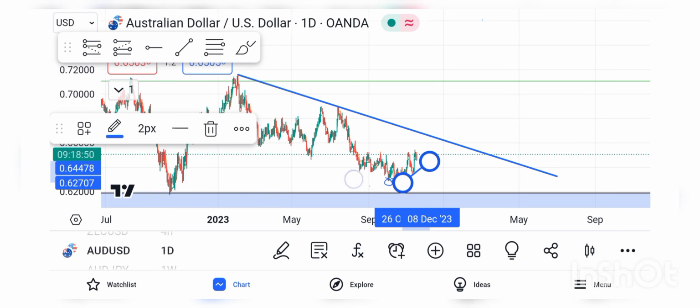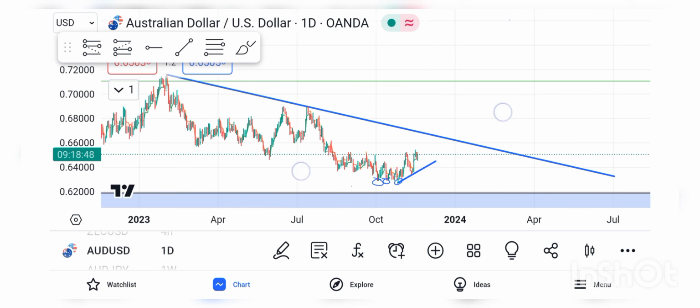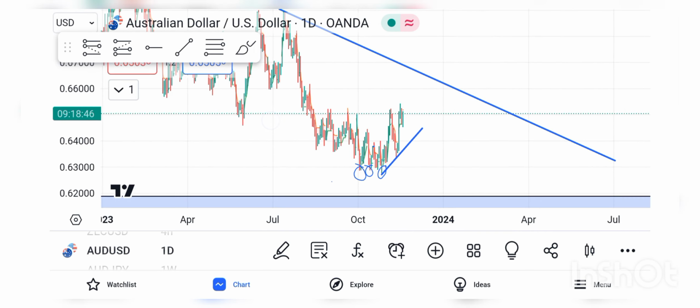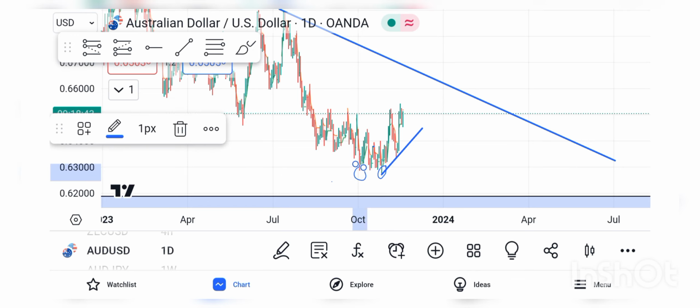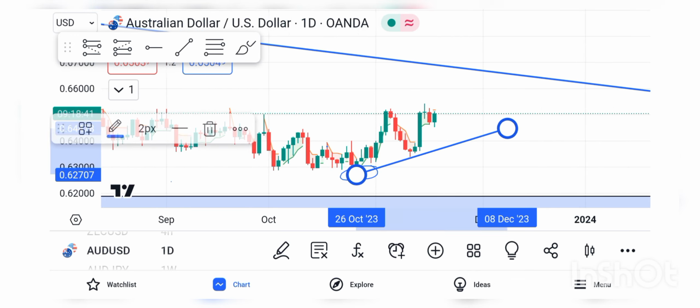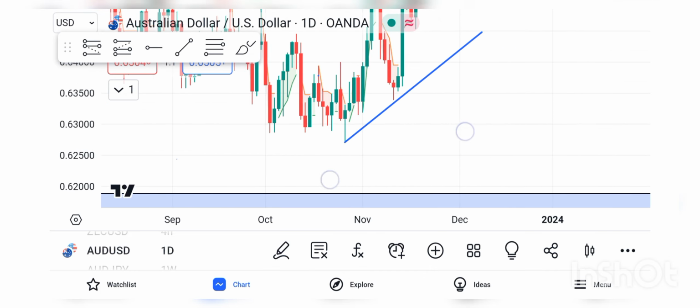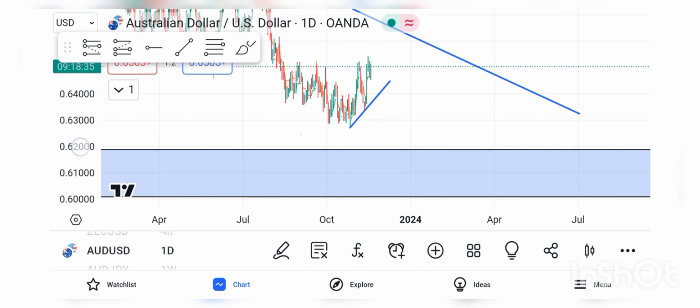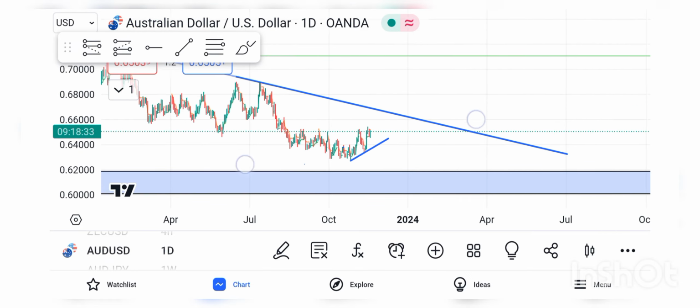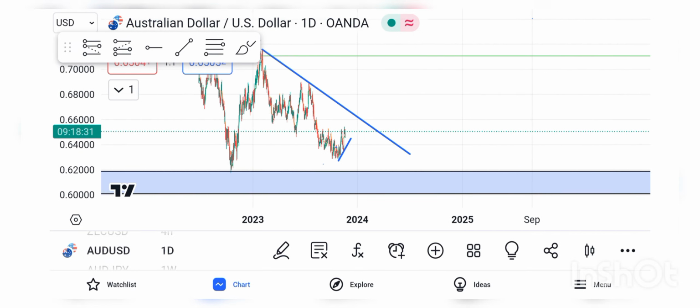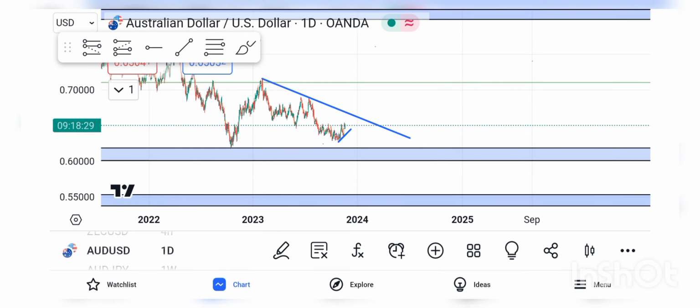Okay, let's get rid of this thing. And okay, so for now I don't see any. You could type in the comment section if you see any other concern on the chart.